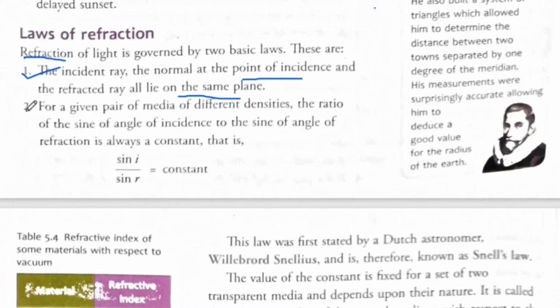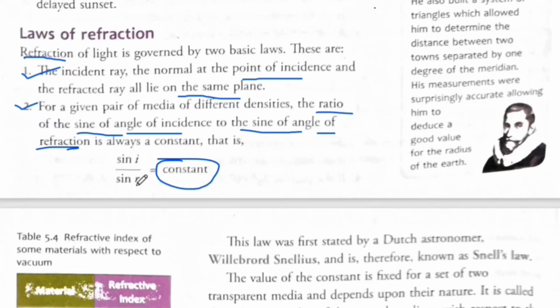And the second law, students: for a given pair of media of different densities, the ratio of the sine of the angle of incidence to the sine of the angle of refraction always gives us a constant value.